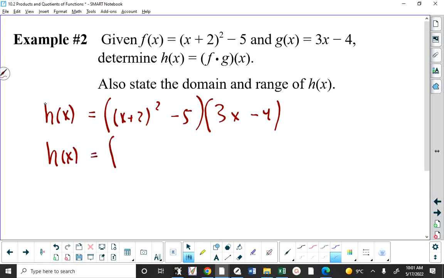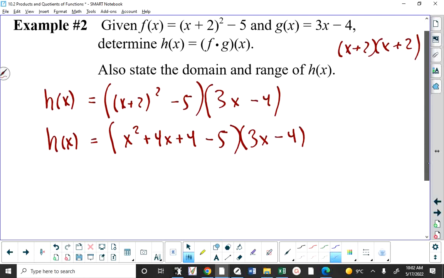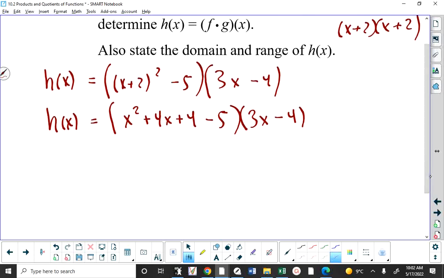Which means we have to take that x plus 2 and square it. Don't forget that x plus 2 squared means x plus 2 times x plus 2. Which if we FOIL it out becomes x squared plus 2x plus 2x plus 4.